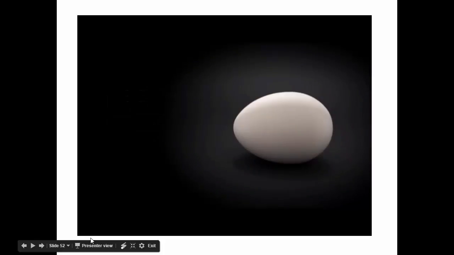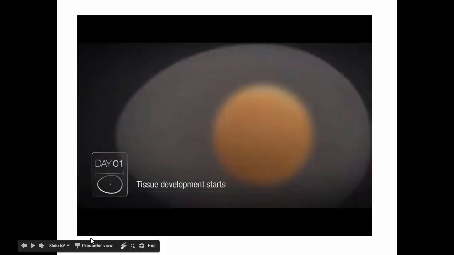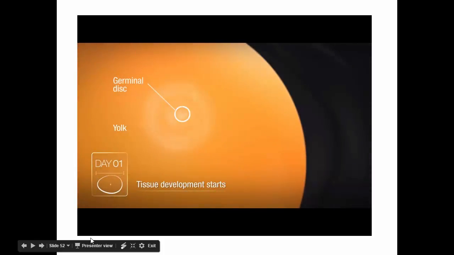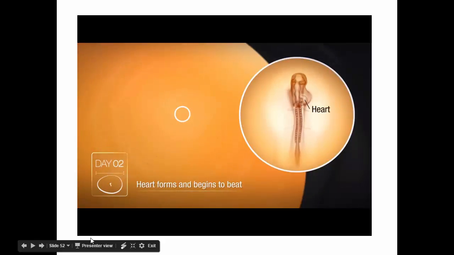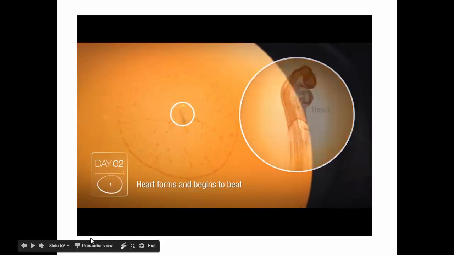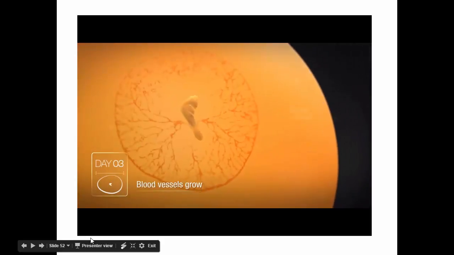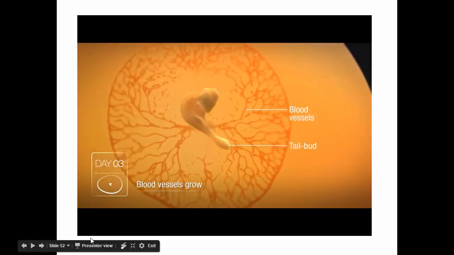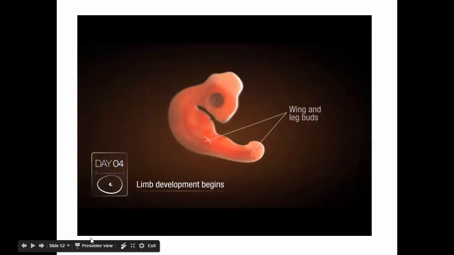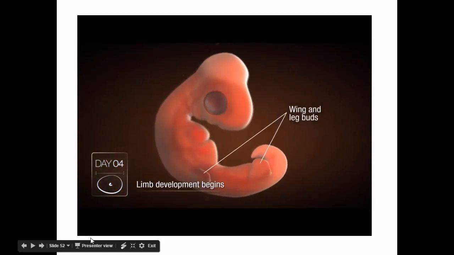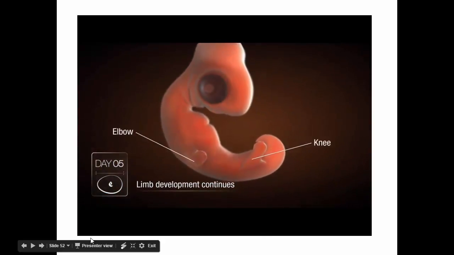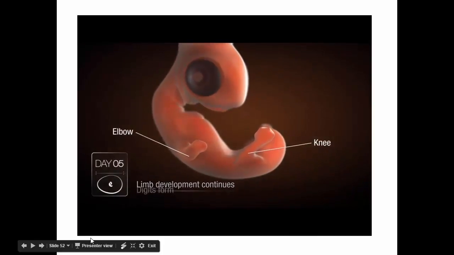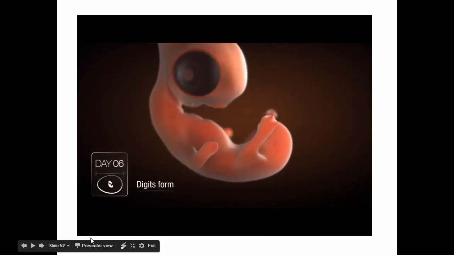Again, it's about 21 days for a chicken egg to go from being laid to hatching. This is just after a couple of days. The embryo starts to be visible. It looks like a shrimp. It changes over time, limbs start to grow, and different parts start to develop at different points in its development.